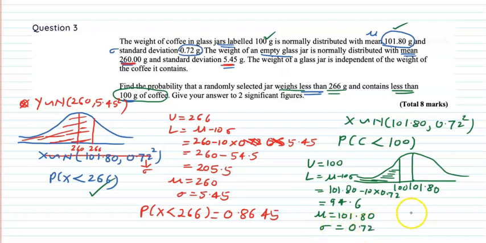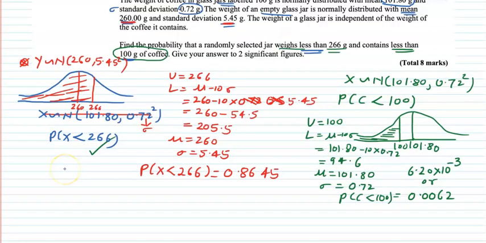If you press enter, then the value comes here 6.20 times 10 to the power minus 3, or you can write down 0.0062. Okay, and that is the value of P(C less than 100).